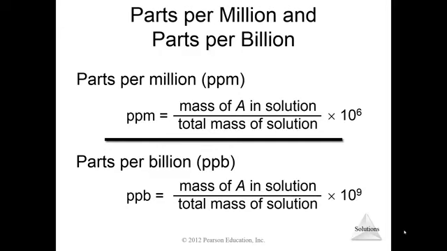Parts per million and parts per billion are pretty common mainstream concentration terms. Often you hear about parts per billion or parts per million in terms of pollutants, either in the air or in water.